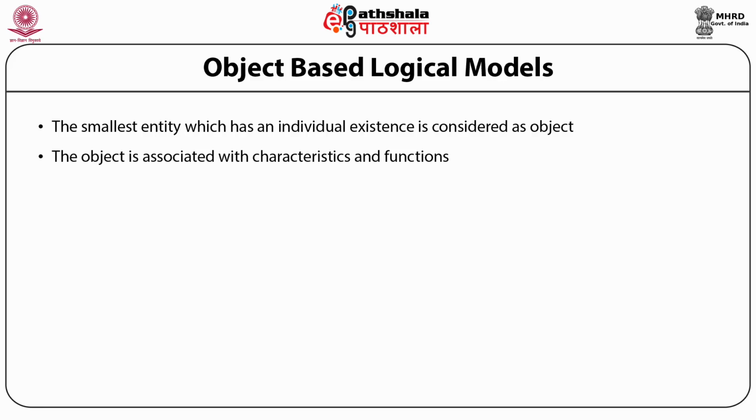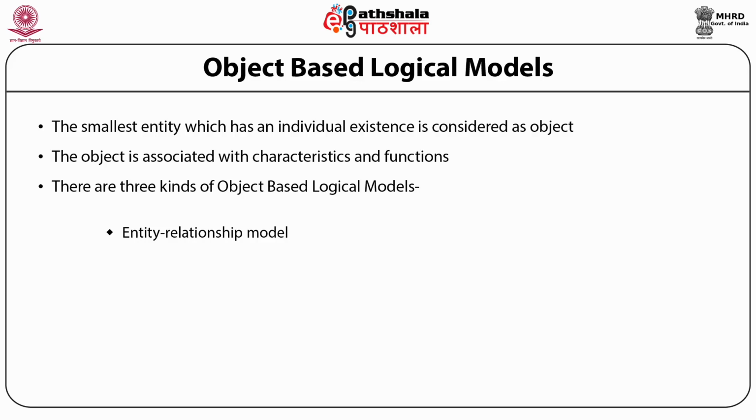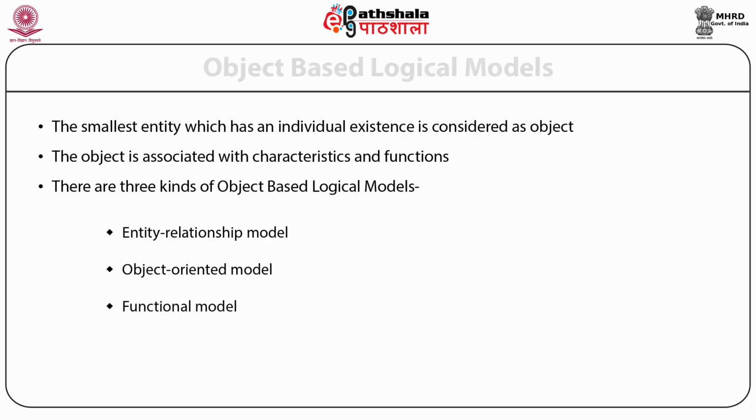That means each object will have certain characteristics or features associated with it, and besides the characteristics, the object will have the ability to perform certain functions. Basically, there are three kinds of object-based logical models. The first one is the entity relationship model, the second one is the object-oriented model, and the third one is the functional model.